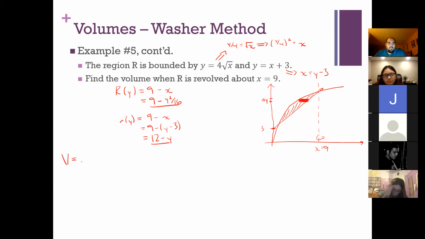It'd be pi, then the integral between 0 and 9. And then 9 minus y squared over 16, and that whole thing squared, minus the 12 minus y squared, and dy. All right, how do we feel about this?